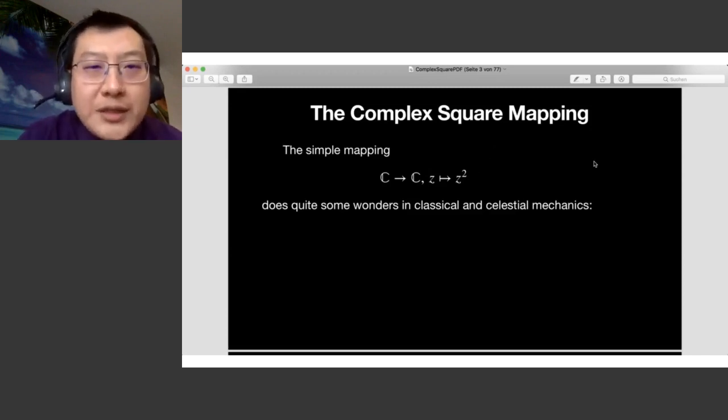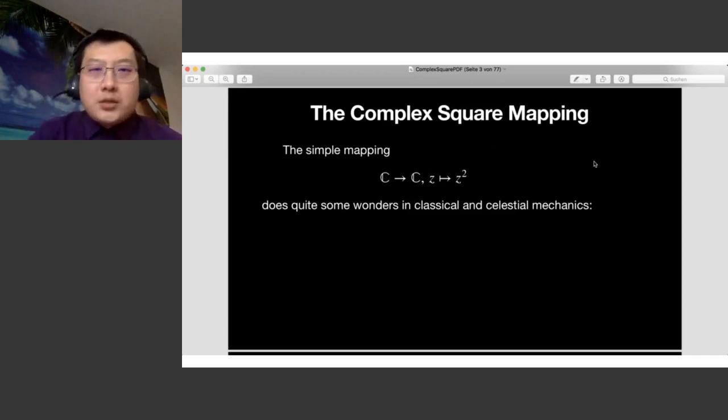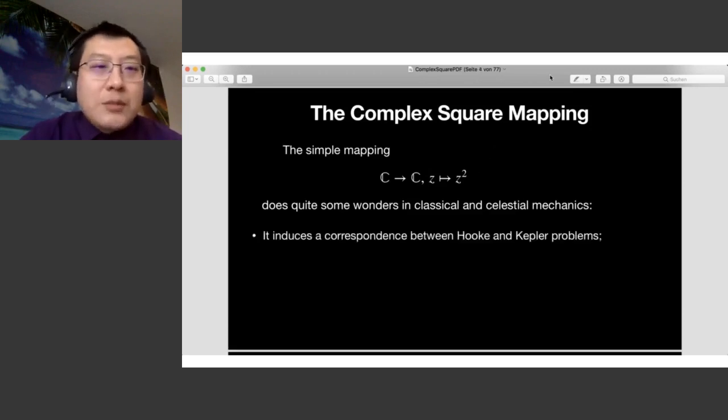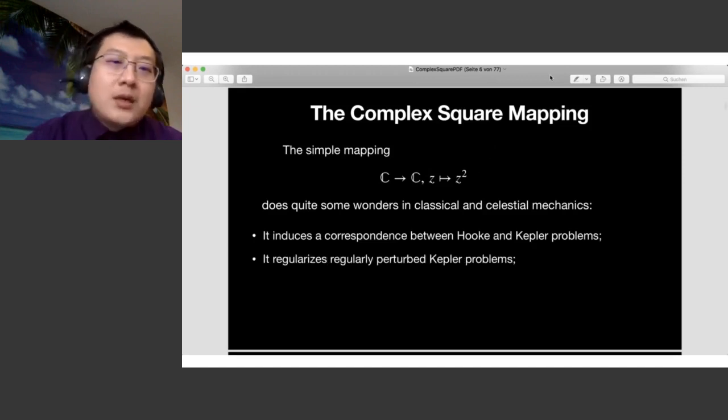It's the complex square mapping, z to z squared. And this mapping does quite some wonders in classical and celestial mechanics, which are mostly well known. First, this mapping induces a correspondence between the planar Hooke and Kepler problems, showing that the Hooke problem of a pair of harmonic oscillators and the planar Kepler problem are in a sense equivalent outside singularities.